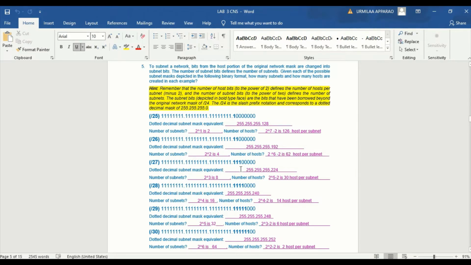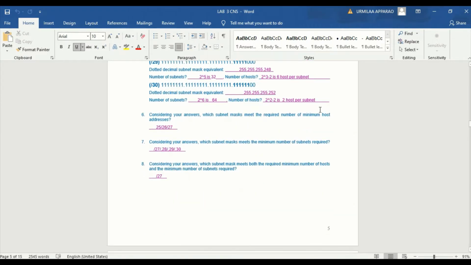For /27, we have 224, 8 subnets, and 30 hosts per subnet. For /28, we have 240, 16 subnets, and 14 hosts per subnet. For /29, we have 248, 32 subnets, and 6 hosts per subnet. For /30, we have 252, 64 subnets, and 2 hosts per subnet.